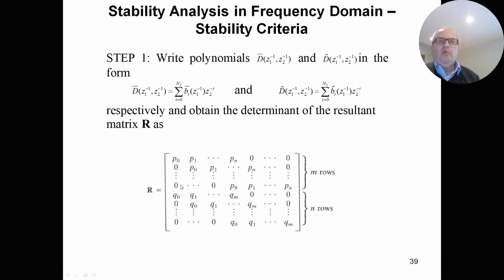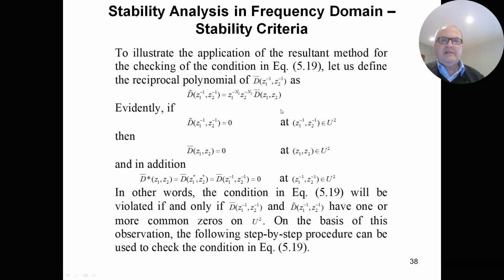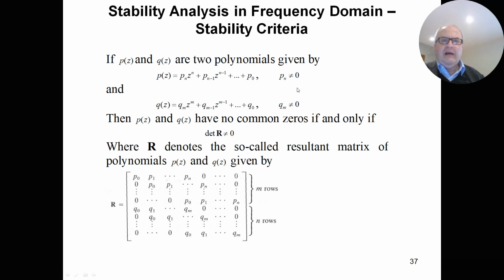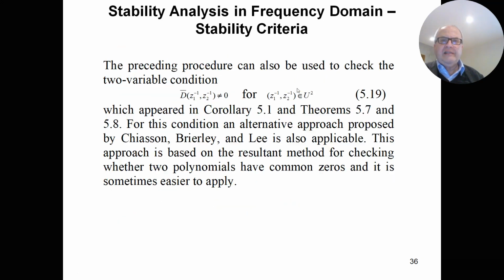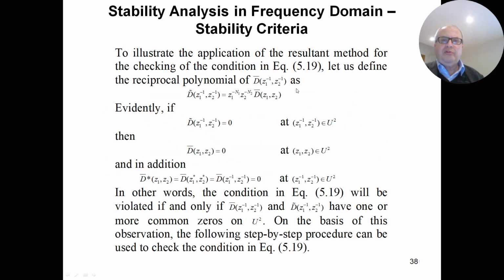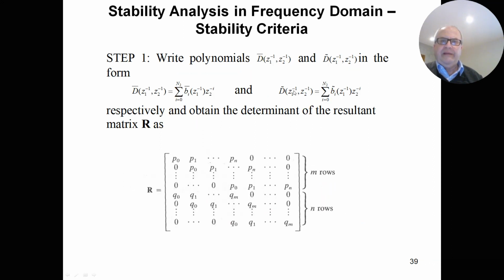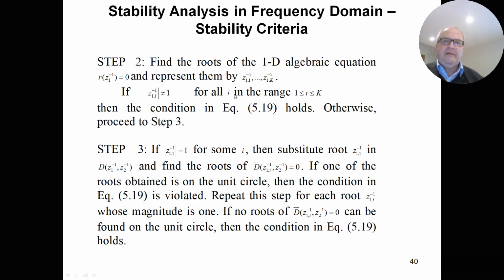First step, we must write the polynomial D in terms of these two polynomials. What are these two polynomials? One is the polynomial of the numerator, the other is the polynomial of the denominator. You must write as follows, where B and B bar are polynomials of Z1.